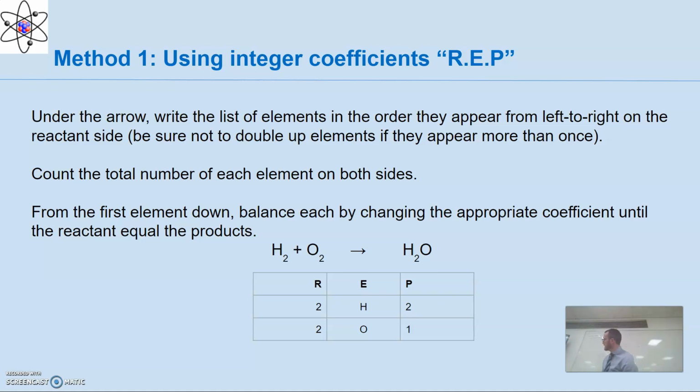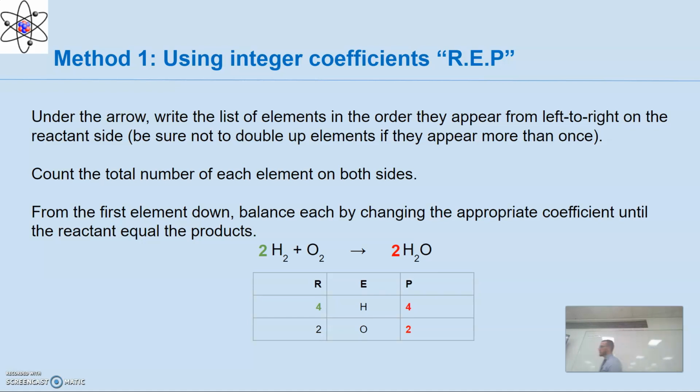On the product side, I have 2 hydrogen atoms, 1 oxygen atom. So what I need to do is I need to multiply the right-hand side by 2. As I do that, we can see that the amount of hydrogens double and the oxygens double. So now what I need to do is balance my reactant side by doubling the amount of hydrogens. So I put a 2 out the front of hydrogens, and that changes that to 4.